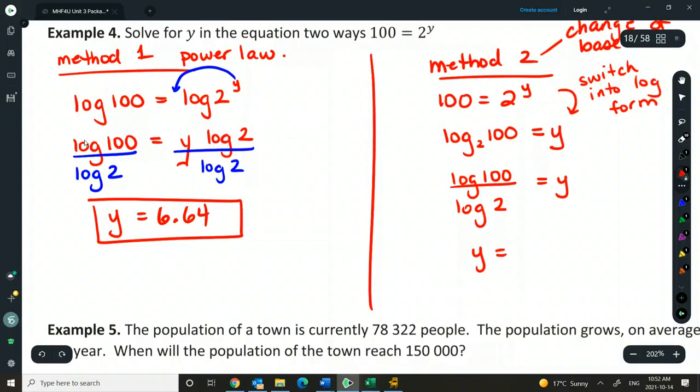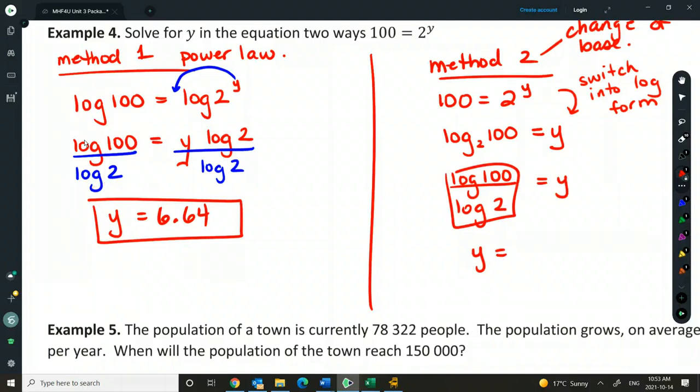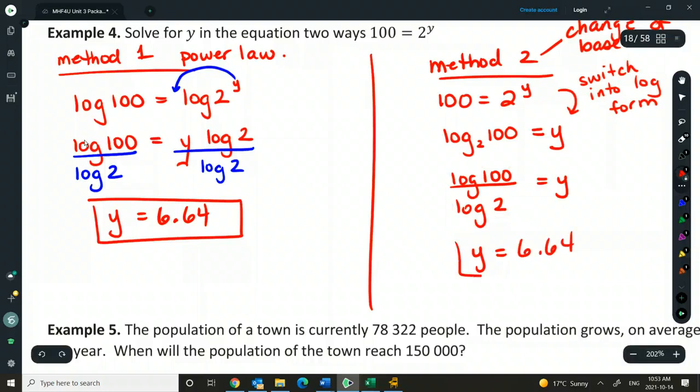Okay, and then of course we should get the same thing because this calculation ends up being the exact same as this one, right? So just two different ways to solve here.